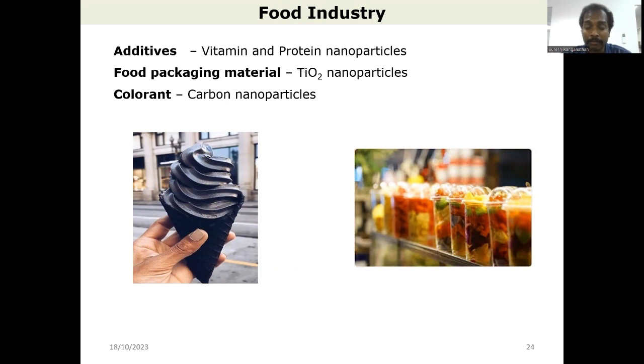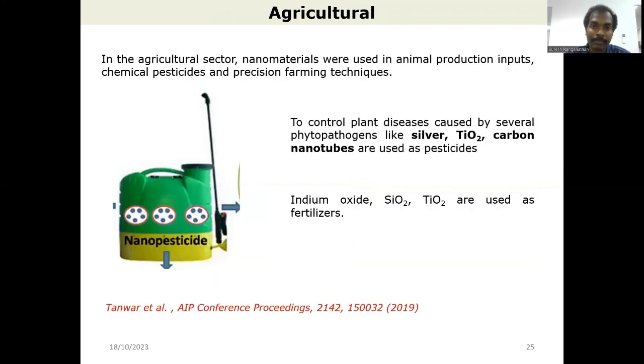Carbon nanoparticles are used as a colorant. Black-colored ice creams can be prepared by using carbon nanoparticles. Nanoparticles like vitamins and proteins are also added to food as an additive material. Food packaging materials are also prepared by using nanoparticles or composite nanoparticles which consist of chitosan, a biocompatible material.